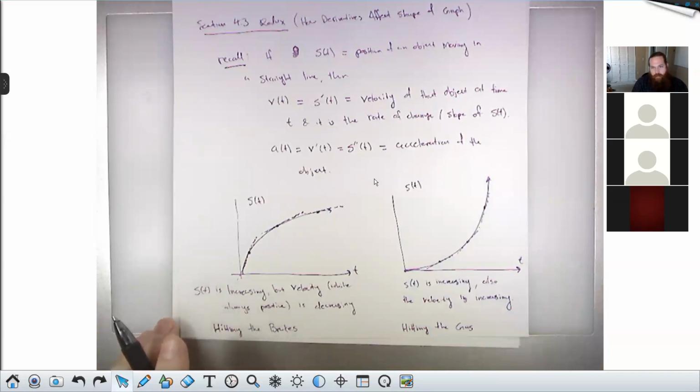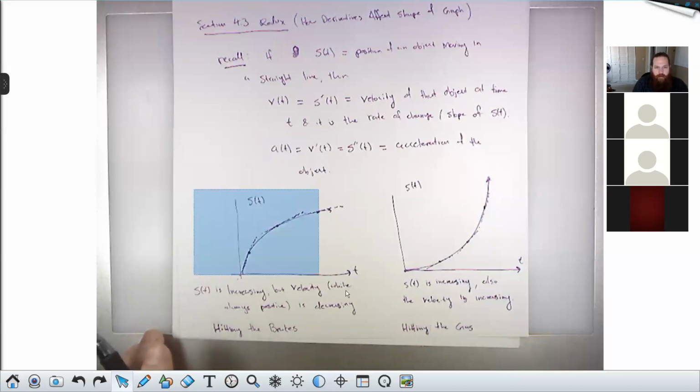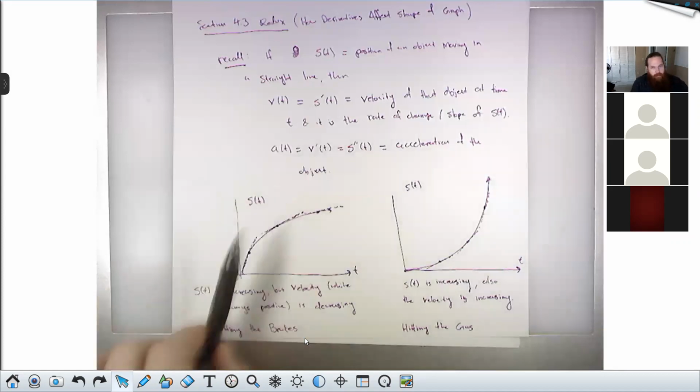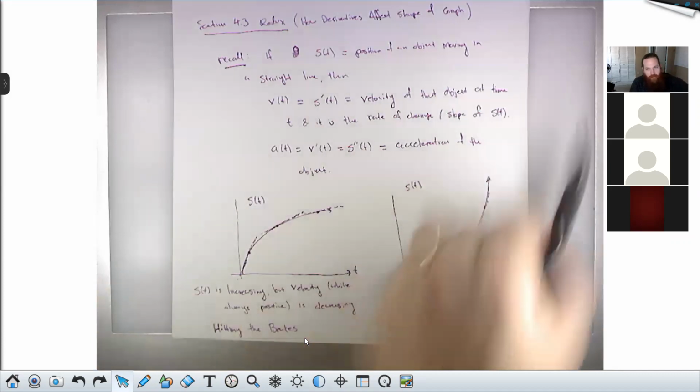My second derivative is positive because my first derivative is increasing. So that means your acceleration is positive. In other words, I'm hitting the gas. Here, my velocity is decreasing. My first derivative is decreasing, which means my second derivative, a of t, is negative. I'm hitting the brakes.